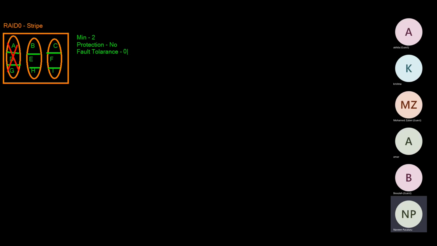That is the reason we are keeping it as 0. There is no protection at all in RAID 0, and even if one disk fails, we lose the data. Fault tolerance means how many disk failures it can tolerate without losing the data, but here it is 0 because even a single disk failure will lose the data. That is RAID 0.